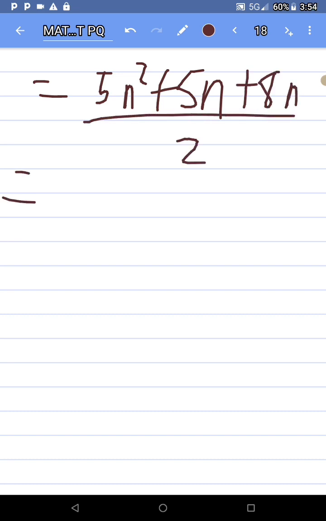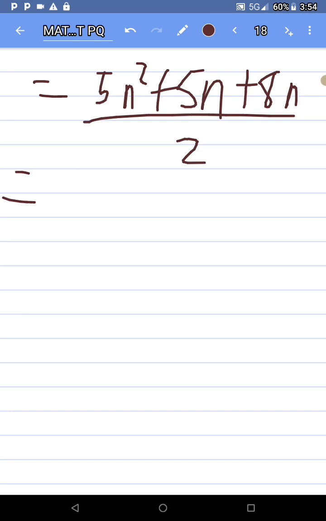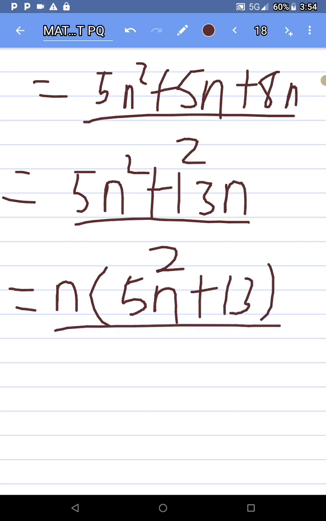What is common there? Something is common. That should be 5n squared, 5n plus 8n, 13n all over 2. n is common to this. That will be n into brackets 5n plus 13 all over 2.